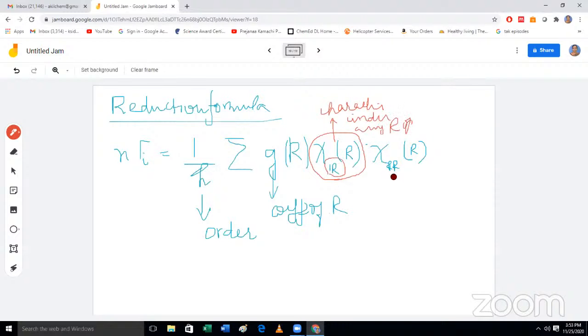Since this is irreducible, we look at the character in the character table. And this is the character of R in any given reducible representation. Alright? Next we are going to see how we can reduce.